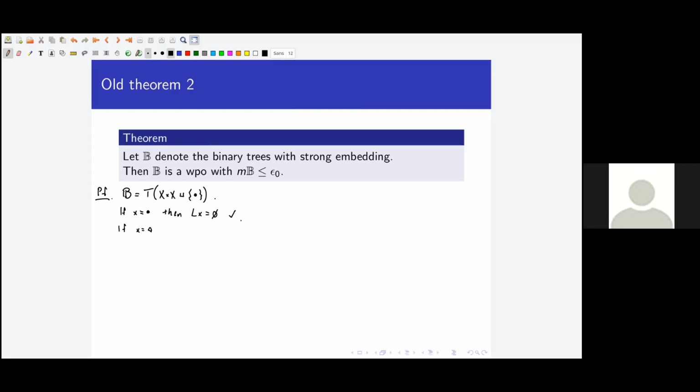If X is not the leaf node, then it has two subtrees. And I'll skip everything but the chase. The things it doesn't embed into are the leaf node tree, or if you write out the definition, it won't look quite like this, but this turns out to be fine after some application of De Morgan's laws or whatever.